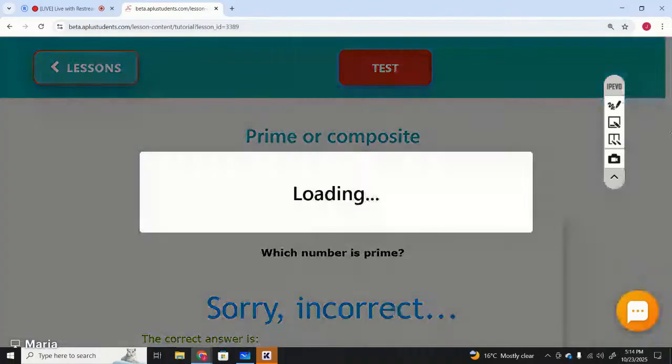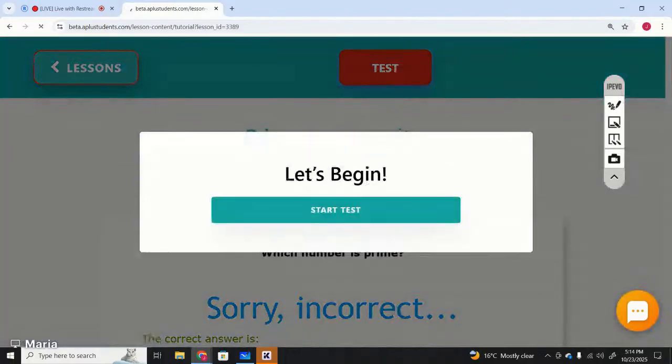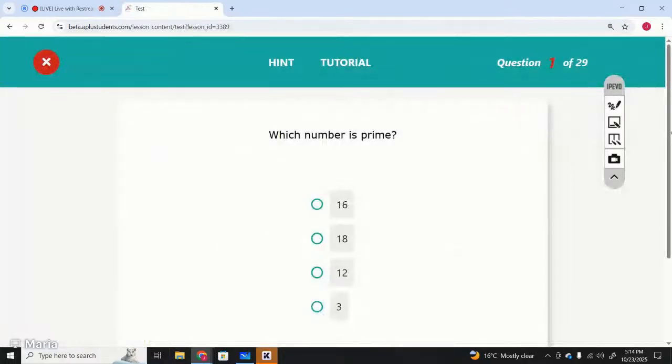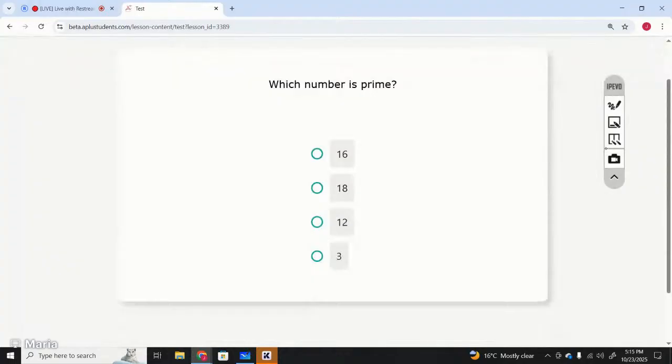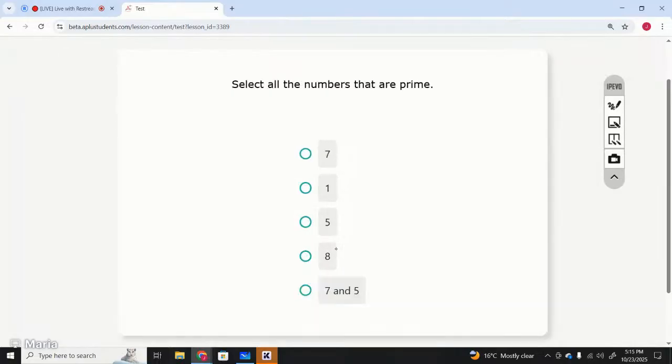Let's start with the test questions. Which number is prime? You are given 4 numbers. So which is a prime number? That is 3, because the rest of the numbers are not prime, they are composite numbers.